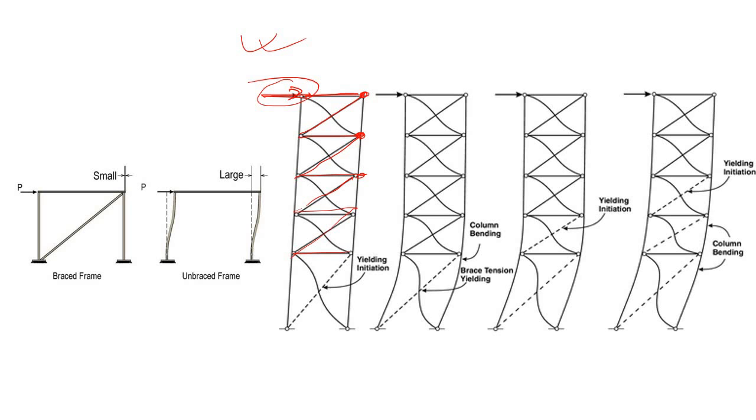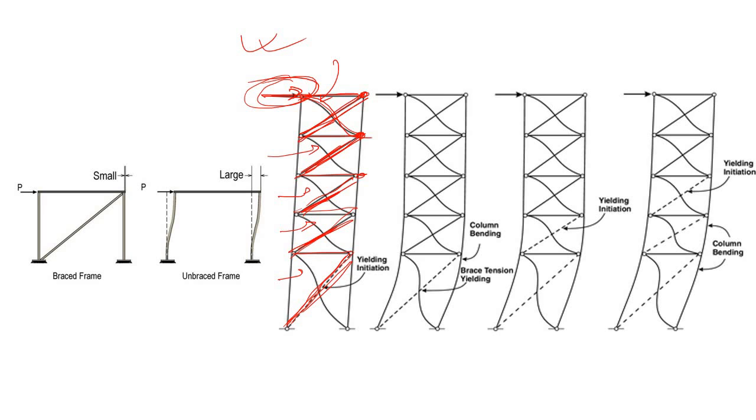The basic assumption is that all these bracings are designed only for tension. That is why only this one, this one, this one, and finally this one are carrying the lateral load, because we have designed the bracing only for tension.